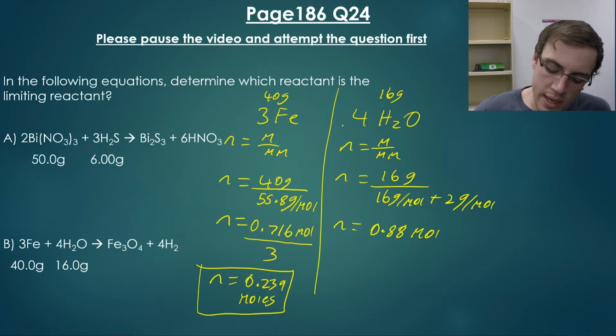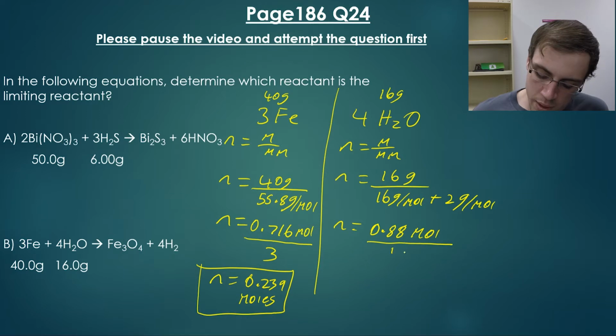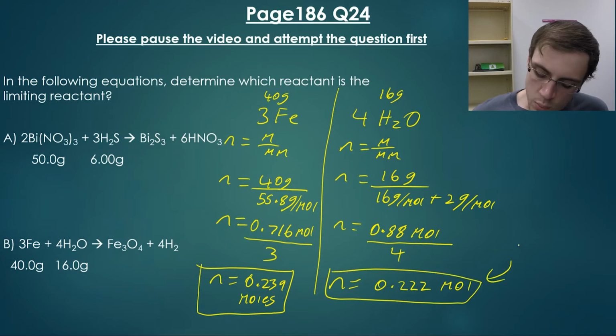Now, we take into account our coefficient at the front here. So we divide this by 4. And our total molar concentration is 0.222 moles. Meaning that in our reaction here, it is water that is limiting.